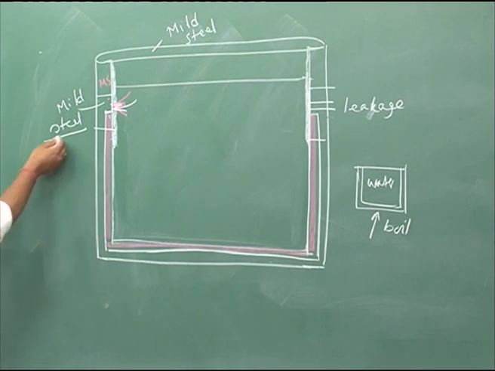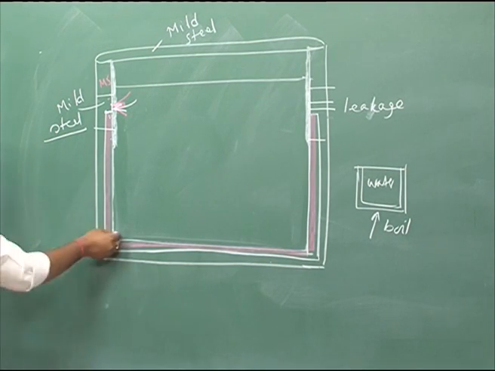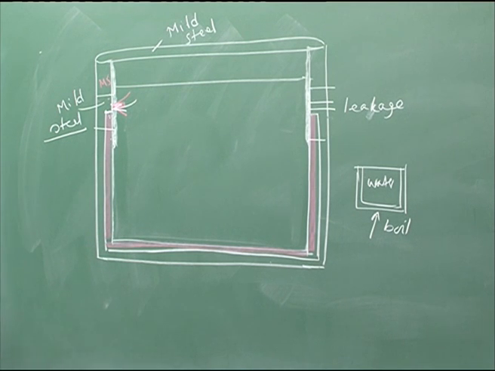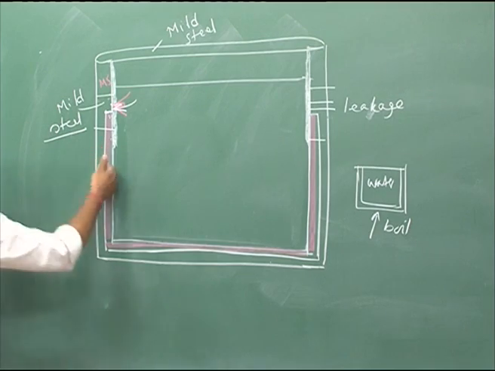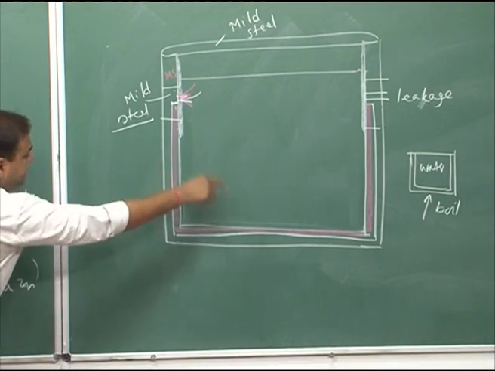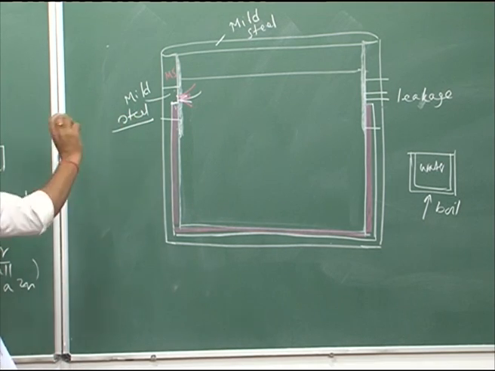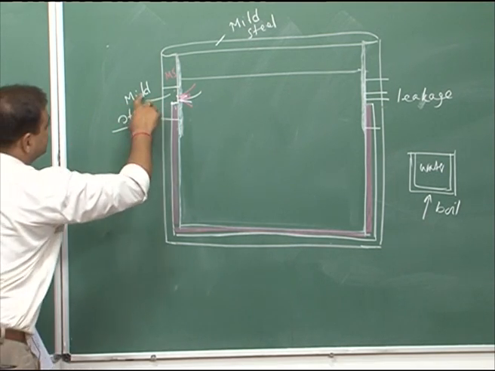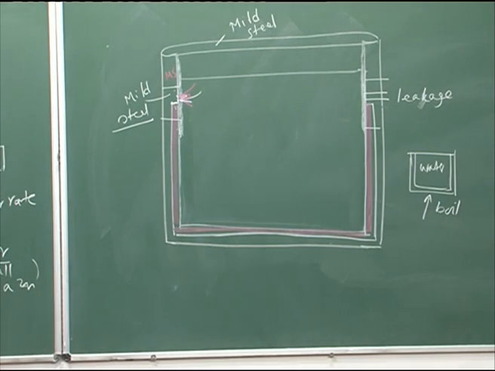So, the mild steel corrosion would happen and stainless steel corrosion would not. Now, what would be the rate of mild steel corrosion? Since we have a large cathodic area and a very small area exposed to the corrosive, this situation will prevail.